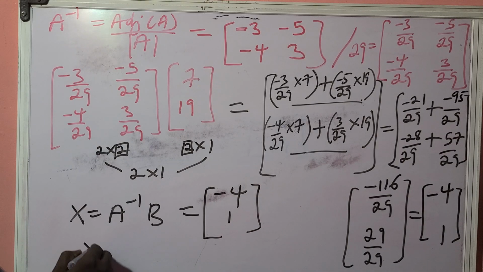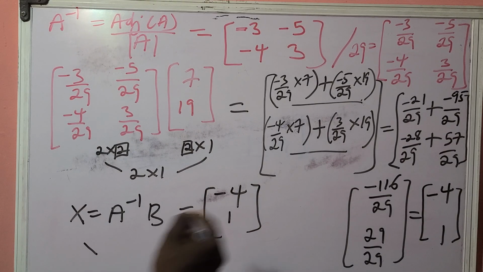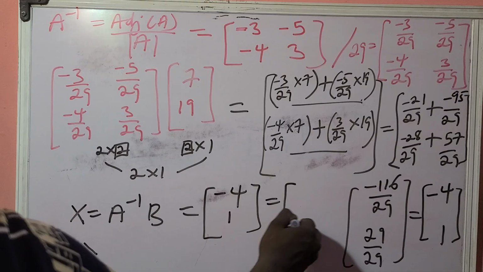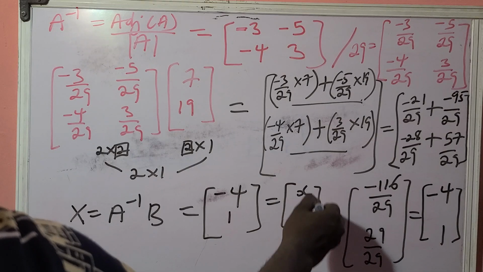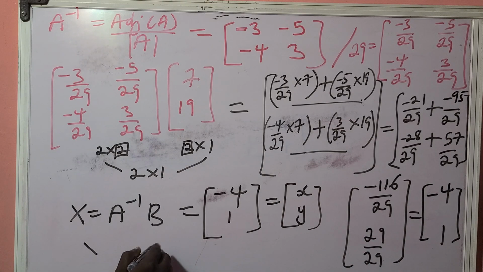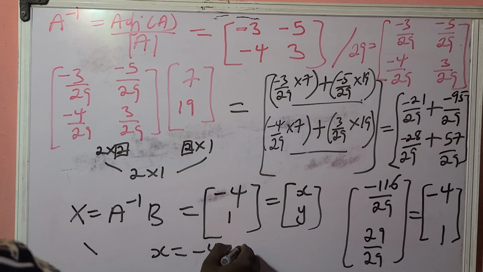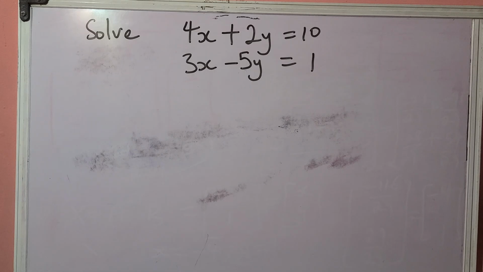And don't forget our X had the constituent of X and Y. Our X was this matrix. So we can conclude that our X value is minus 4 and our Y value is 1. So this is how you solve for a simultaneous equation using matrix method.